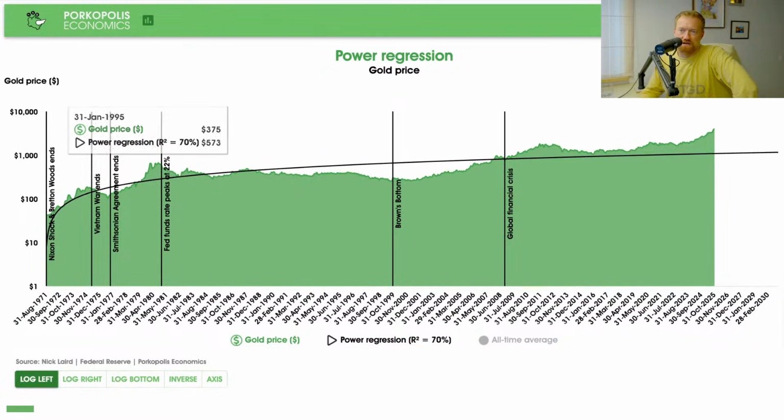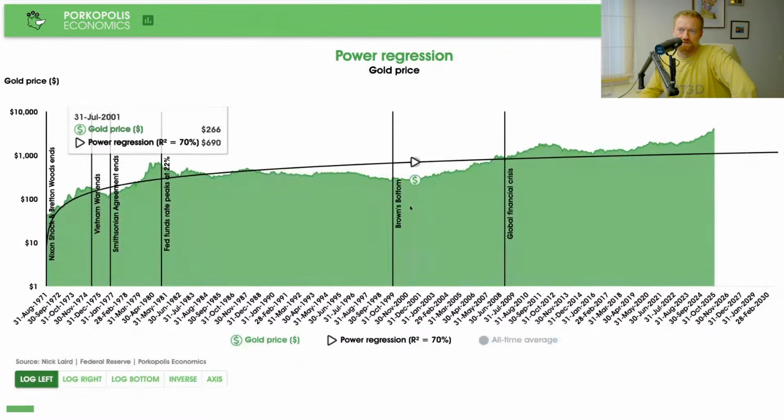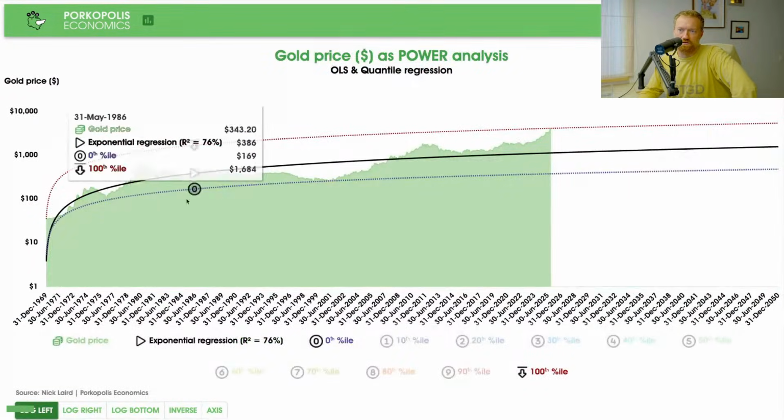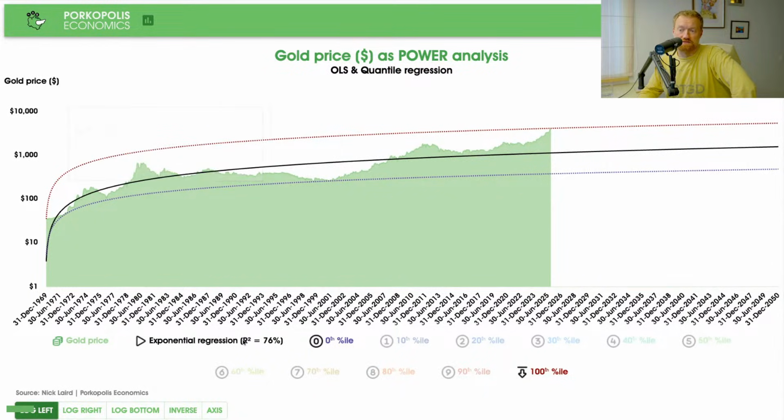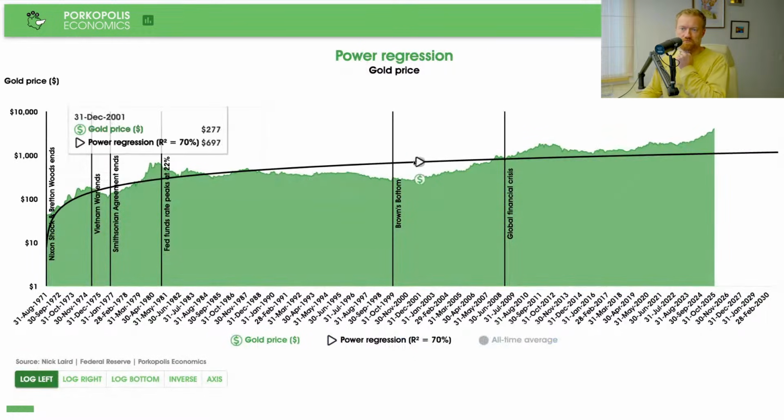So notice how my R squared in Python was 76%. This is with the quantiles. But the OLS, this is OLS, is 76%. And the manual power starting in 1971 is even worse, 70%.